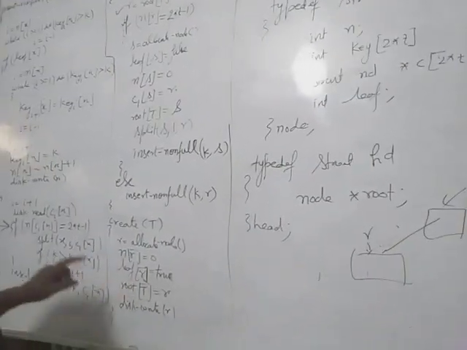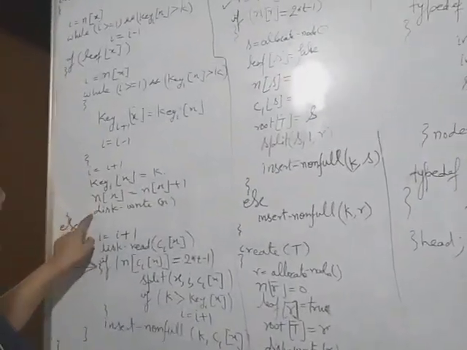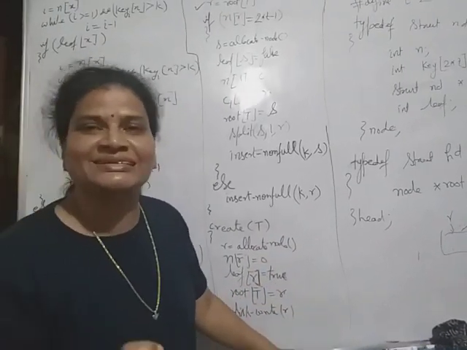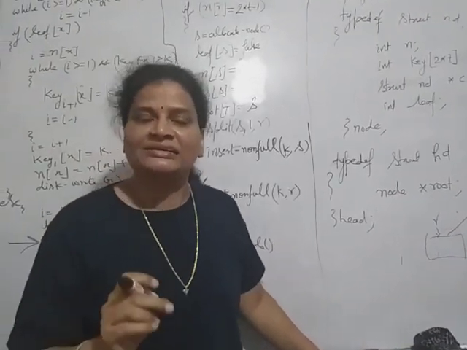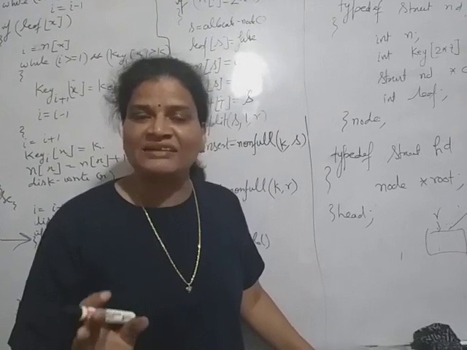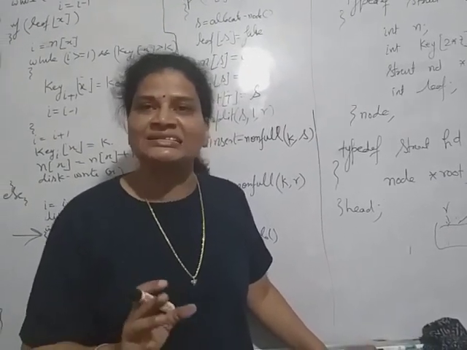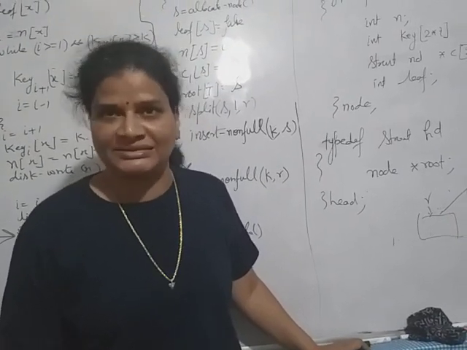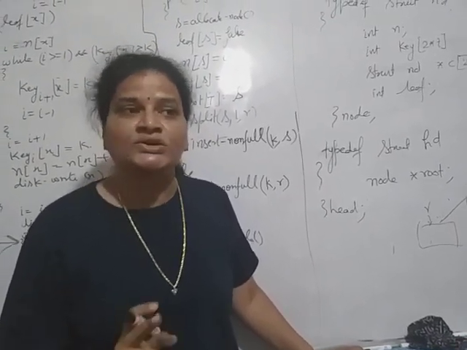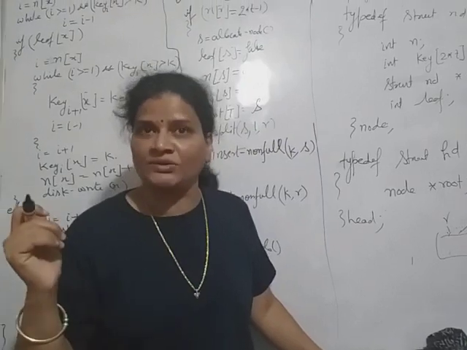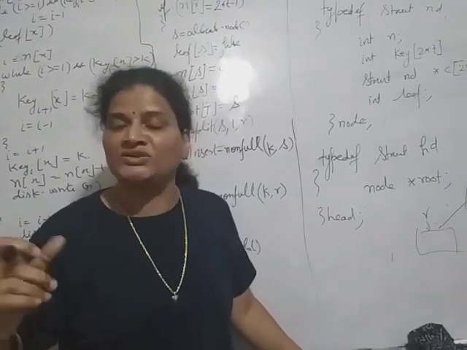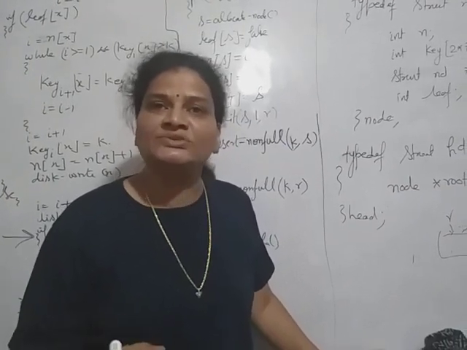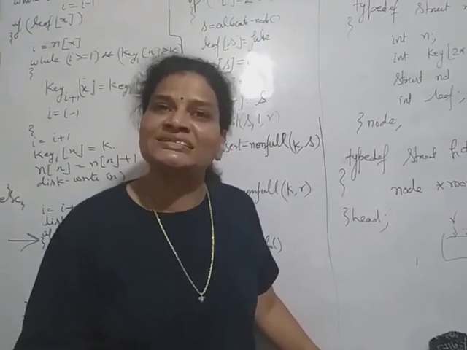Just one more thing, wherever there is a disk write or disk read in the algorithm, as the B tree is designed for secondary storage devices, and in a secondary storage device the access time is more than the access time in primary memory, the complexity of all the functions here in B tree is measured in terms of disk read and disk write.